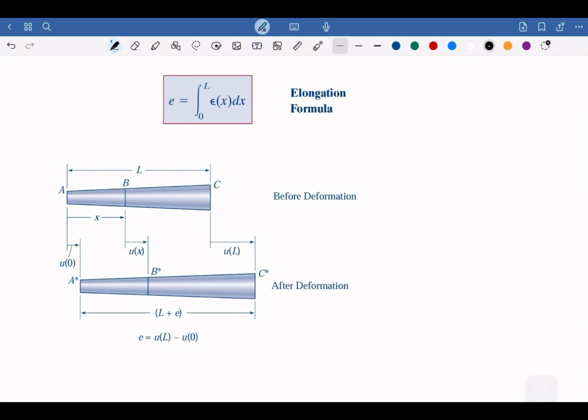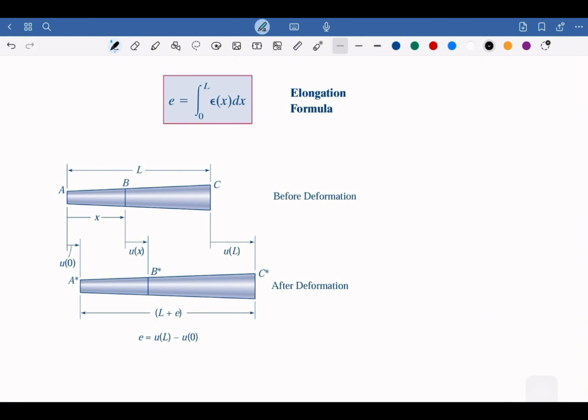A becomes a new point A asterisk, B the new point B asterisk, C also the same, and the total length will be L plus some elongation, which we define from the elongation formula.